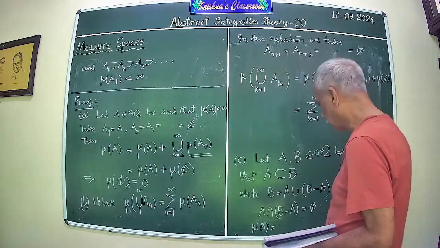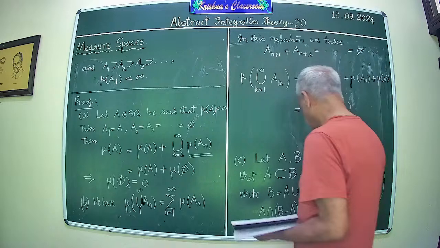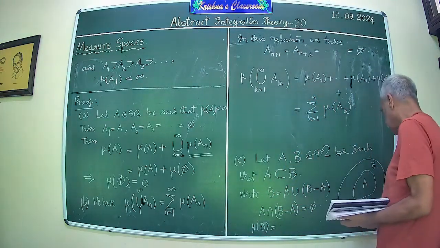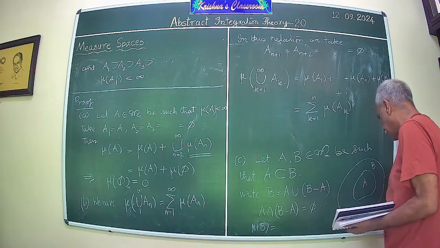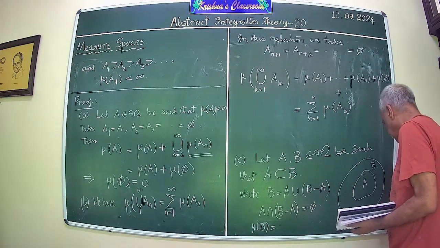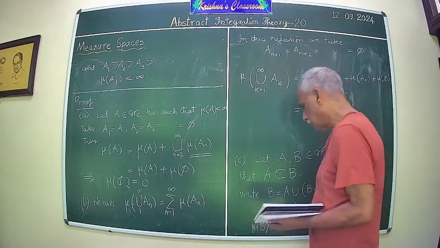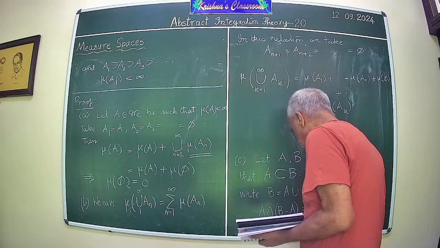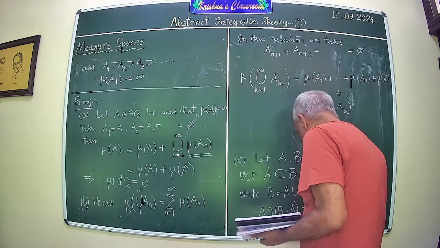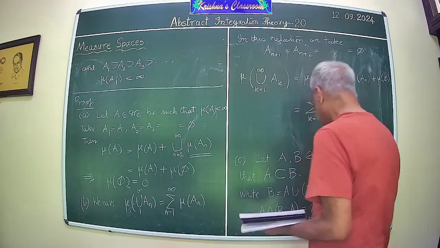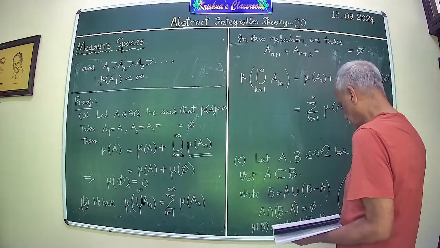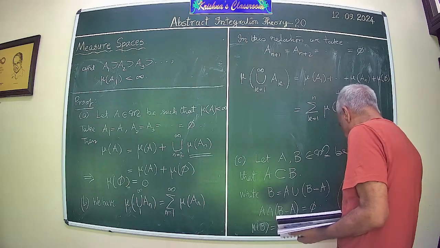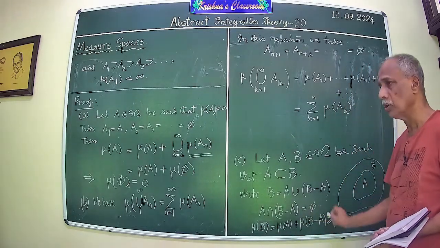So you have mu B equal to mu A plus mu of (B minus A), and this is of course greater than or equal to mu of A, because this is non-negative.